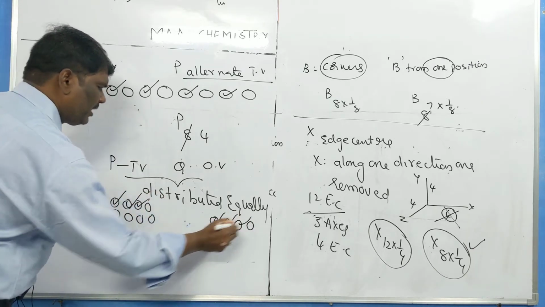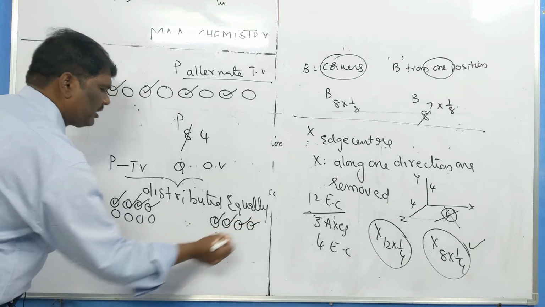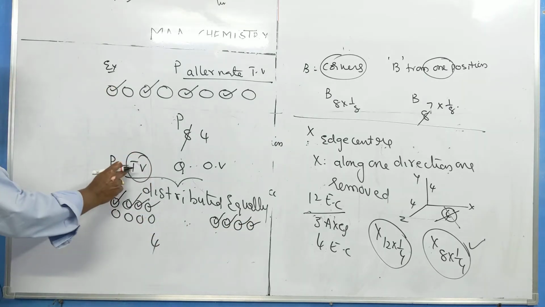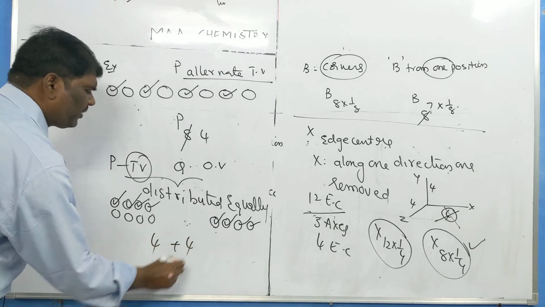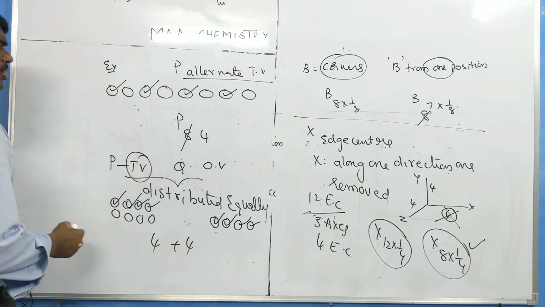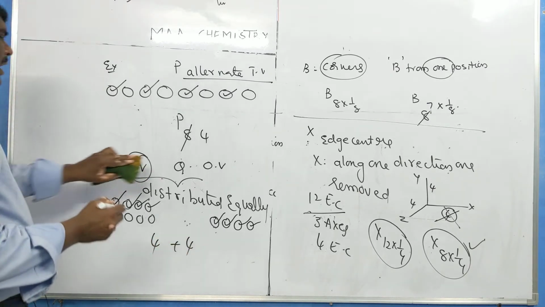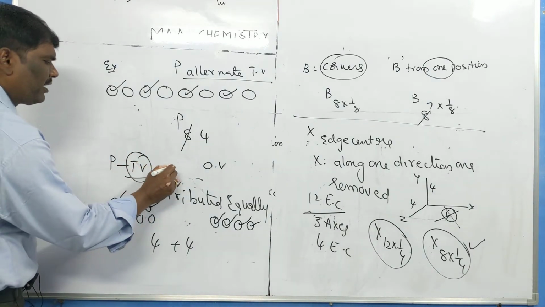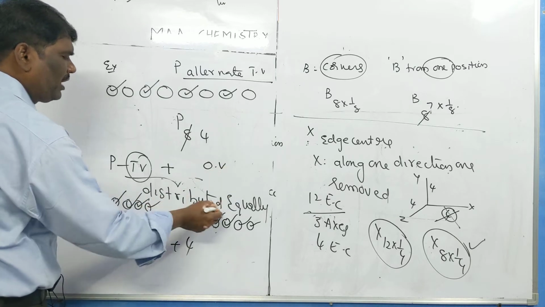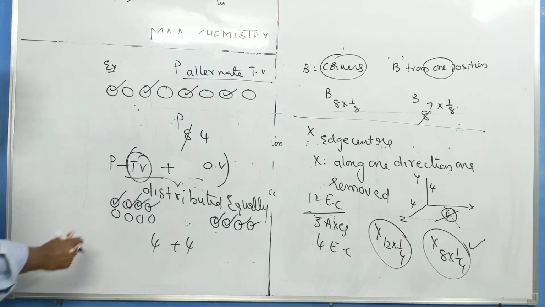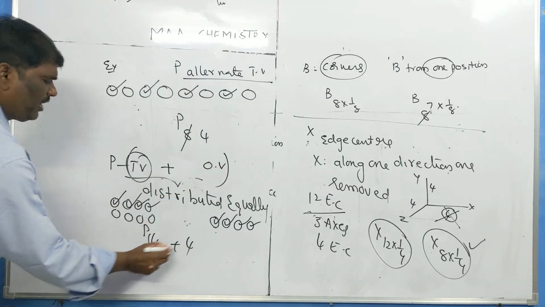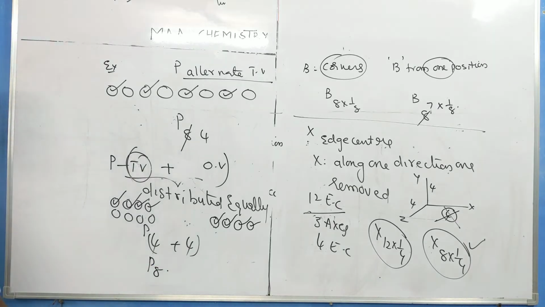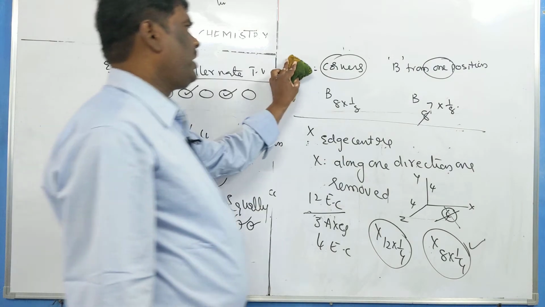That's why we take only 4 for tetrahedral and 4 for octahedral. For this position, how can we write? P is distributed in tetrahedral and octahedral equally. For equal distribution, it is taken as P4 plus 4, that means P8. By following these tricks, we can solve.